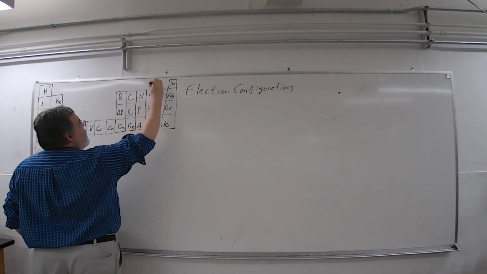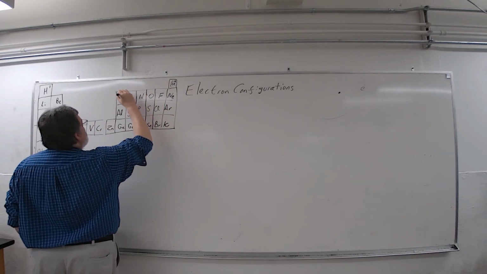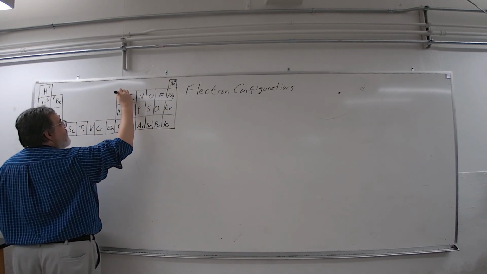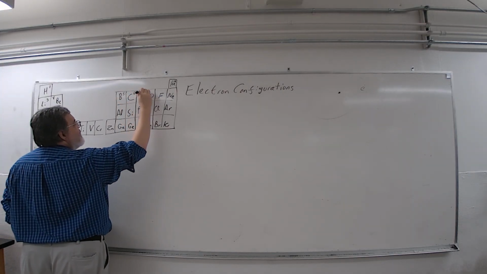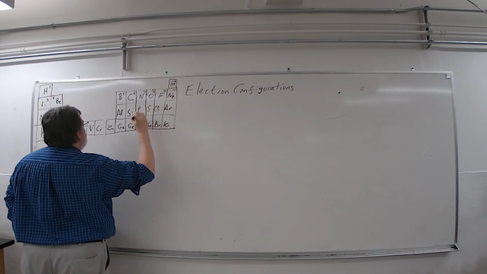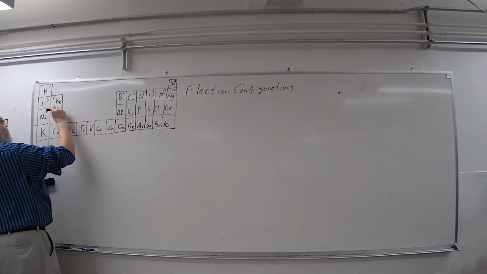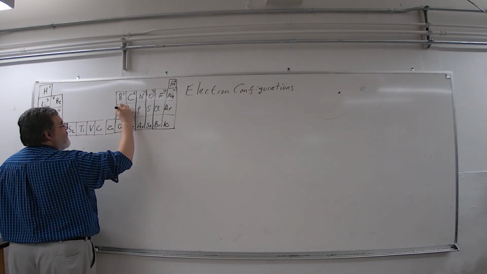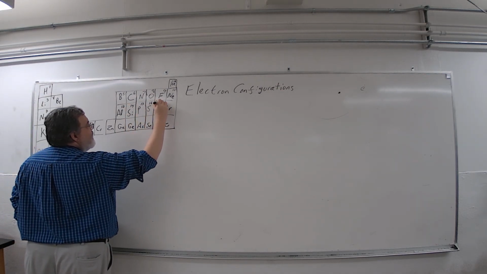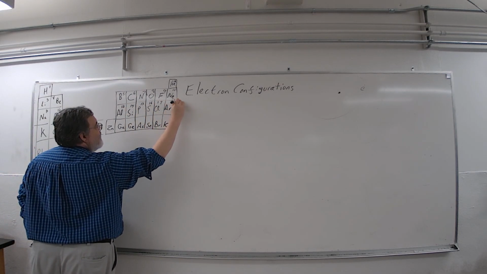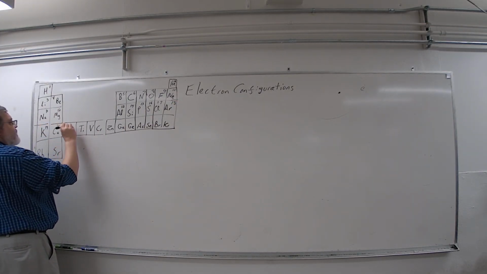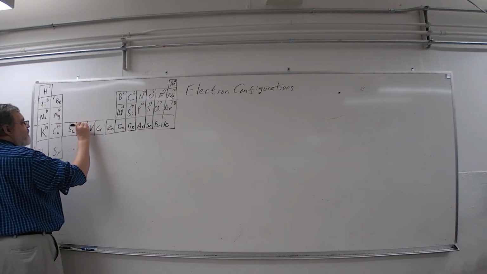1, helium is 2, lithium is 3, 4, 5. These are the atomic numbers. 10, 11, 18, 19.